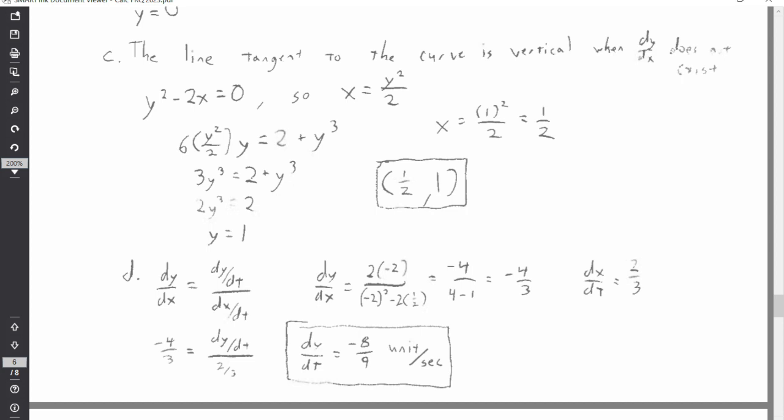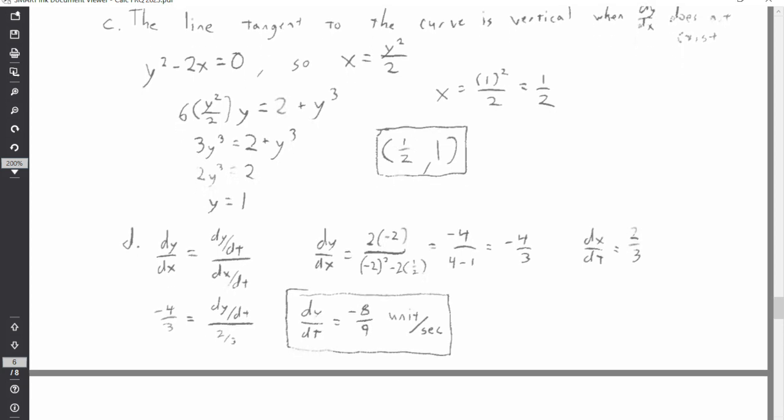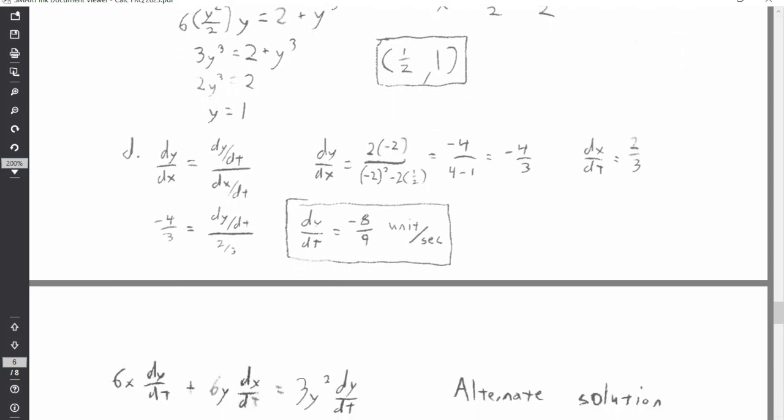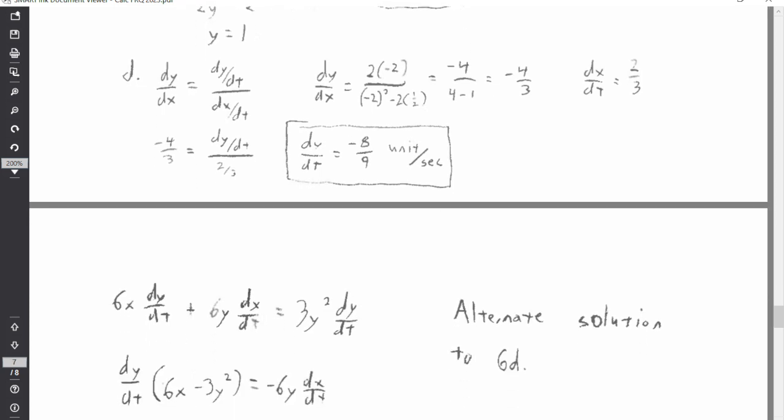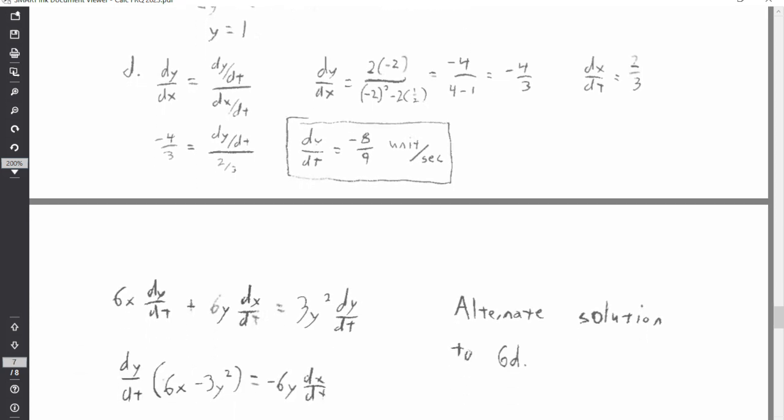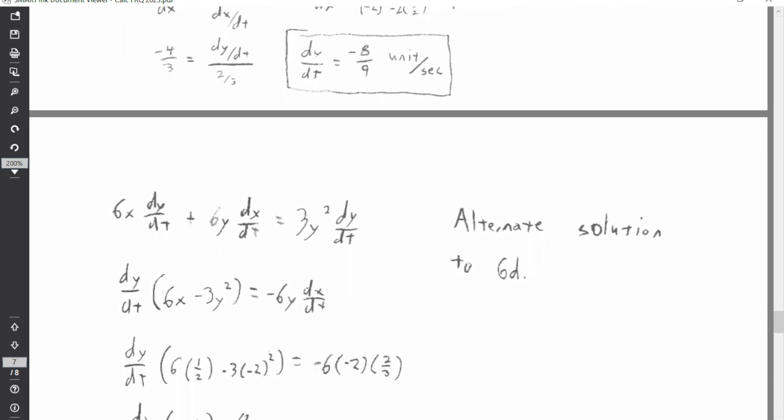Now, the other way to do it is to start with the original function and treat it like your typical related rates problem. So this is an alternate solution. Anytime I take a derivative of y, I'm going to write dy dt. Anytime I take a derivative of x, I'm going to write dx dt. And then I'm going to group my dy dt together, kind of like I did in part A. And then I'm going to plug in all the things that I have found.